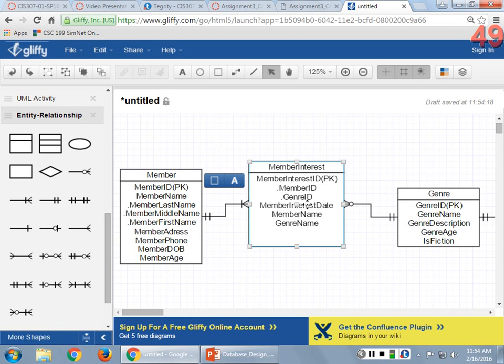One intuitive way of explaining it is this. If you need to find out the value of a specific row for this attribute, let's say member name, do you need to have both member ID and genre ID, or just one of those keys? I know it's a silly example, but sometimes it happens in real life. It happens with my students.